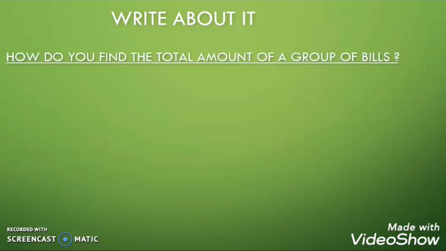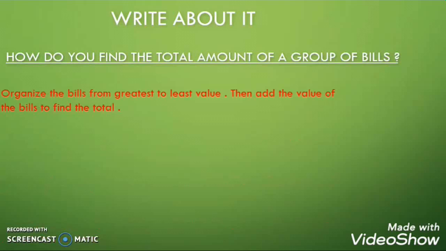Now for the write about it. How do you find the total amount of a group of bills? If I have different bills or different pieces of paper money, how can I find the total of them like we did before? That's a nice idea. First we're going to arrange them from the greatest to the least value.